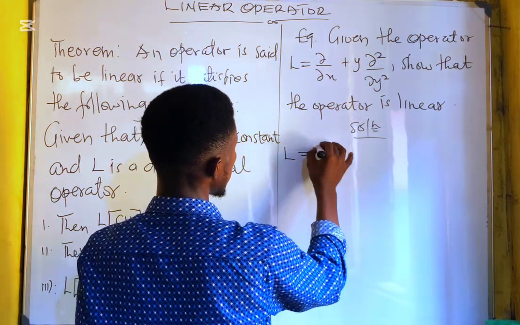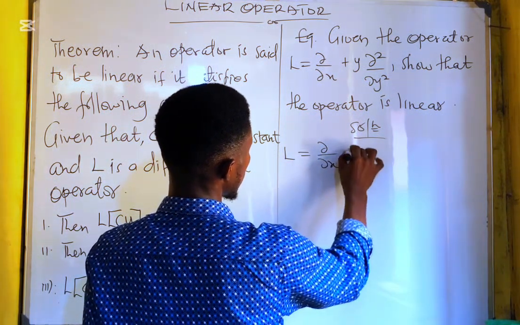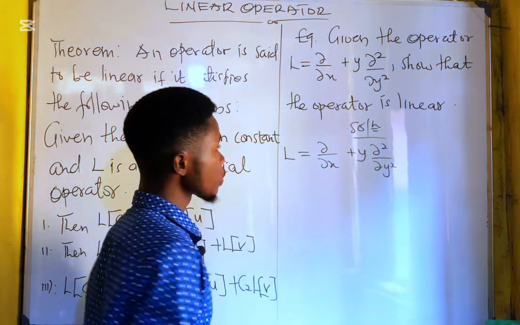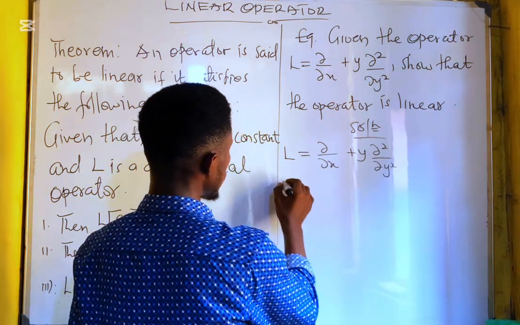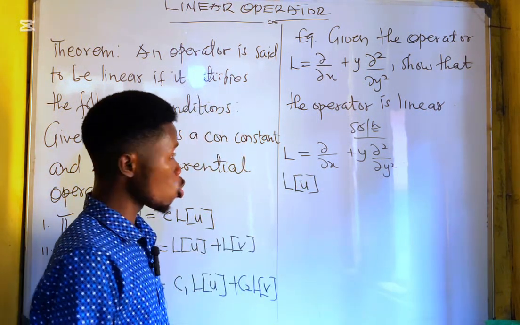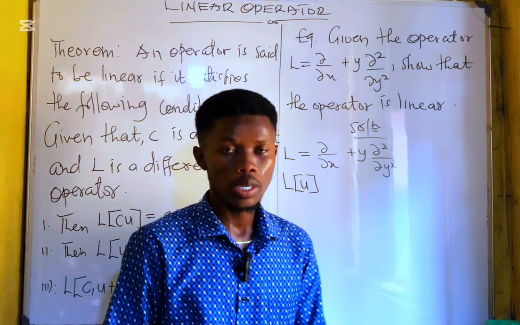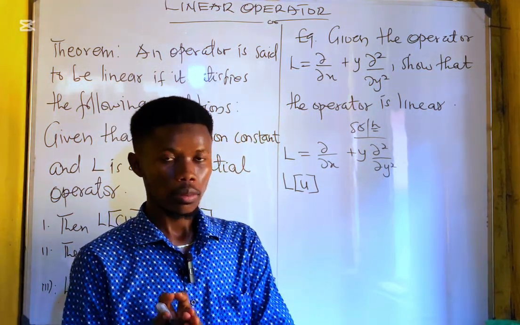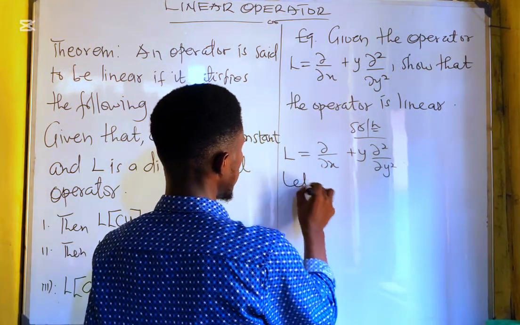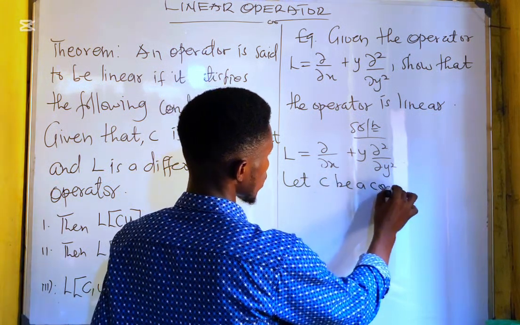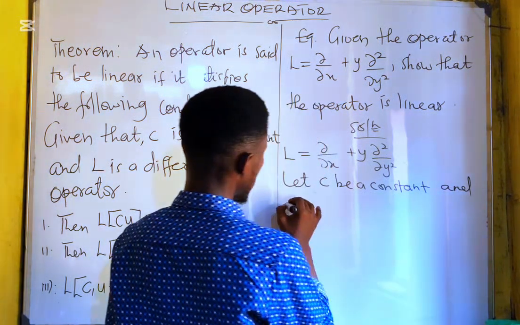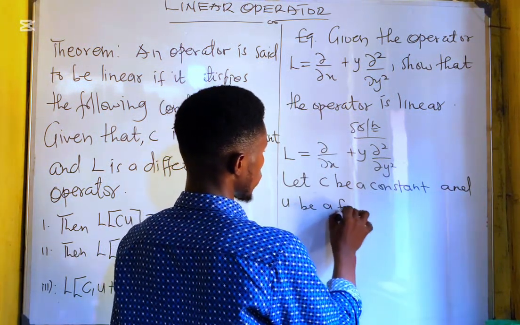What we need to do is introduce the function U. Normally when you are solving, you have to say: let C be a constant and U be a function.